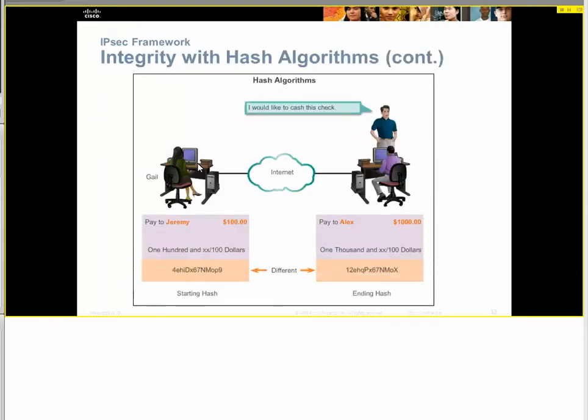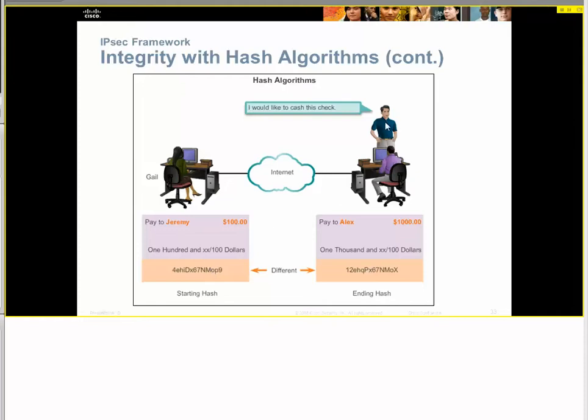So this is the process that happens. At the sending end, Gail creates a transaction that says, I want to pay to Jeremy $100. So they take the transaction, apply it with the hashing algorithm and the secret key, and come up with this number.